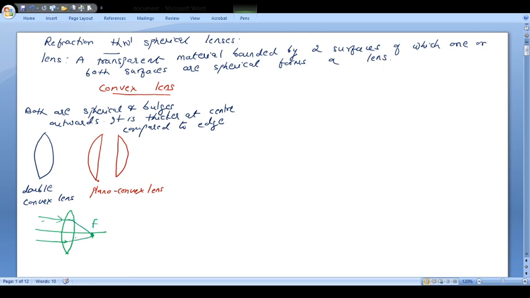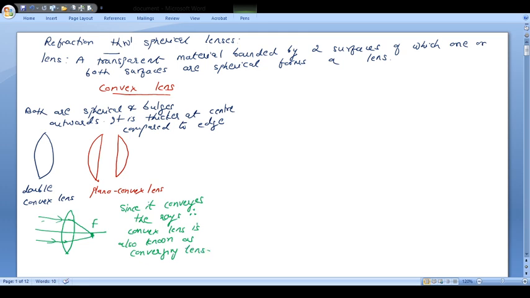This is basically converging here. Since it converges the rays, the convex lens is also known as a converging lens.